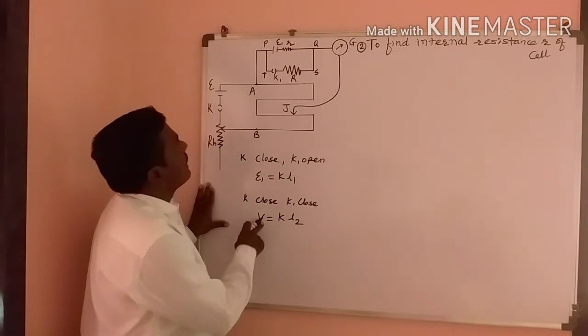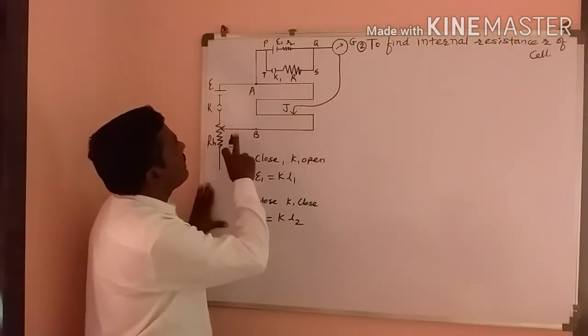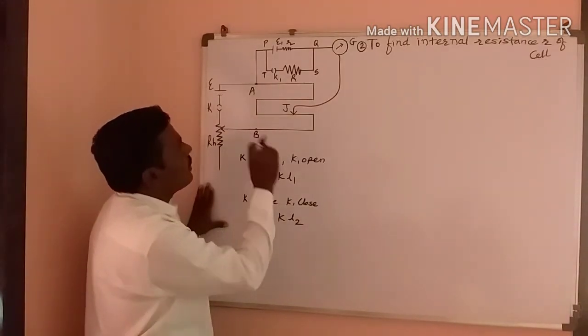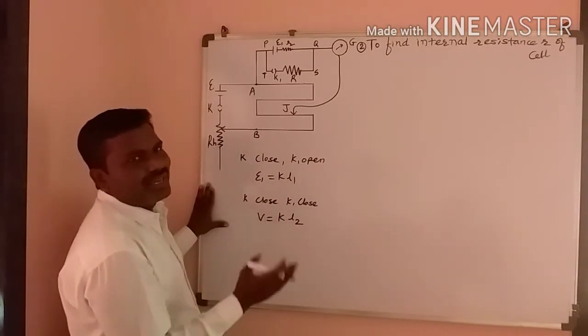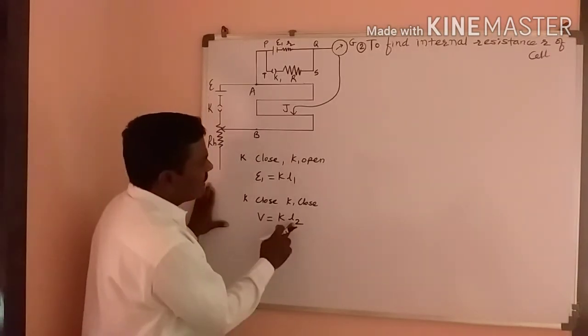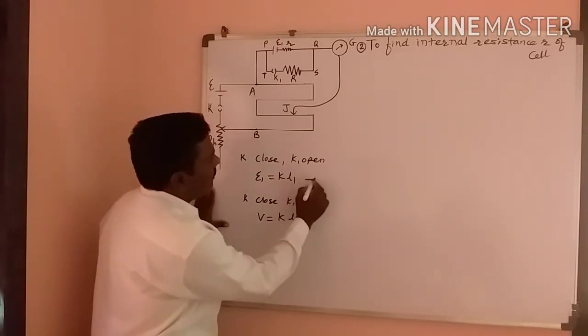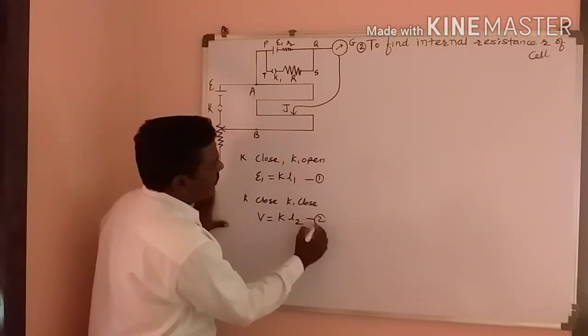When K1 and K are closed, the potential is directly proportional to the balancing length L2. This is equation 1 and this is equation 2.